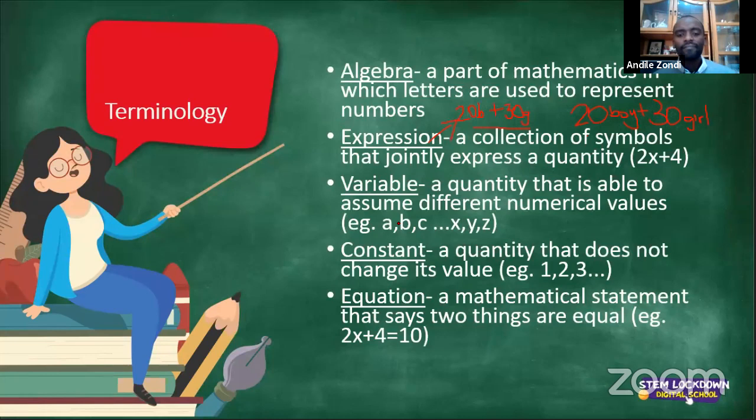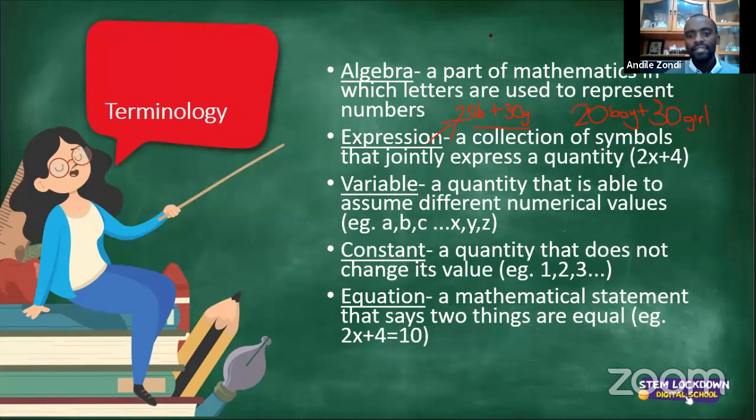Next, variable: a quantity that is able to assume different numerical values. For example, A, B, C, D, and so on. Let's say there are two classes with 20 boys and 30 girls.